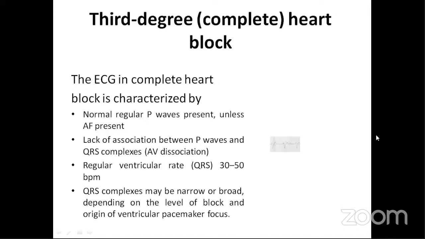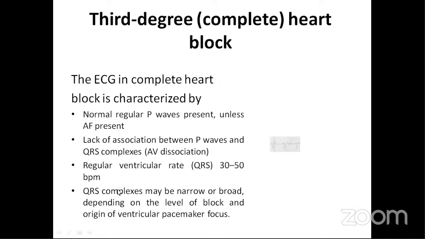And the third degree, that is complete heart block. See here, the image is very tiny, sorry. See the normal P wave present, and a lack of association between P waves and QRS complex, and regular ventricular rate.